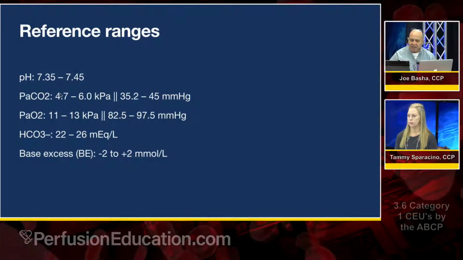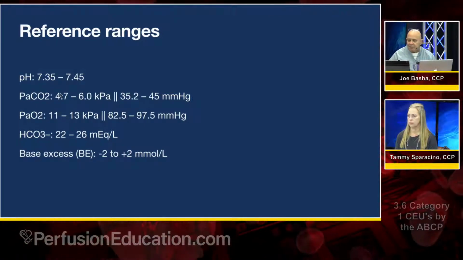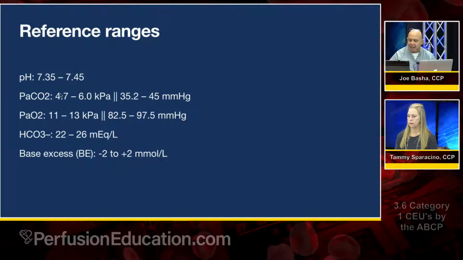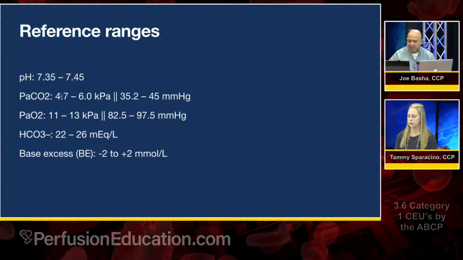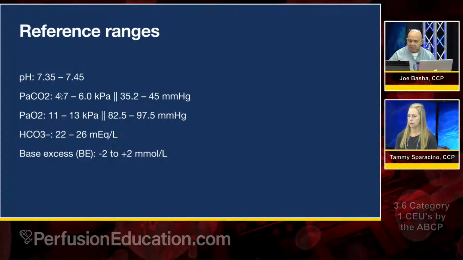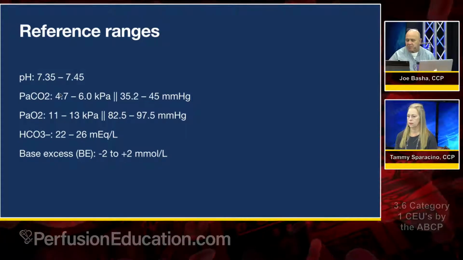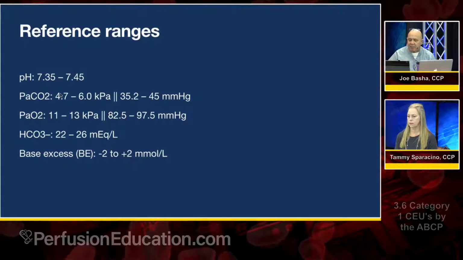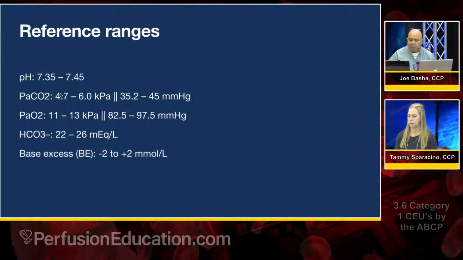On the left side I have it in kilopascals, and on the right, in millimeters of mercury, to accommodate our European and Asiatic colleagues who may use kPa versus millimeters of mercury. PaO2 runs between 82.5 and 97.5, on room air.